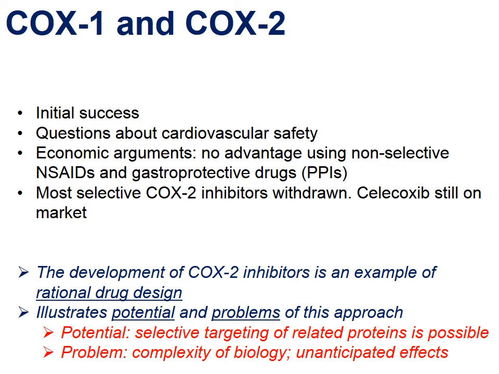However, after initial questions about cardiovascular safety, it was widely debated whether there was an advantage of using selective COX-2 inhibitors over the combined use of just NSAIDs in combination with gastroprotective drugs such as the proton pump inhibitors. And finally, it became clear that even selective COX-2 inhibitors are not fully free of adverse reactions concerning the gastric epithelium.